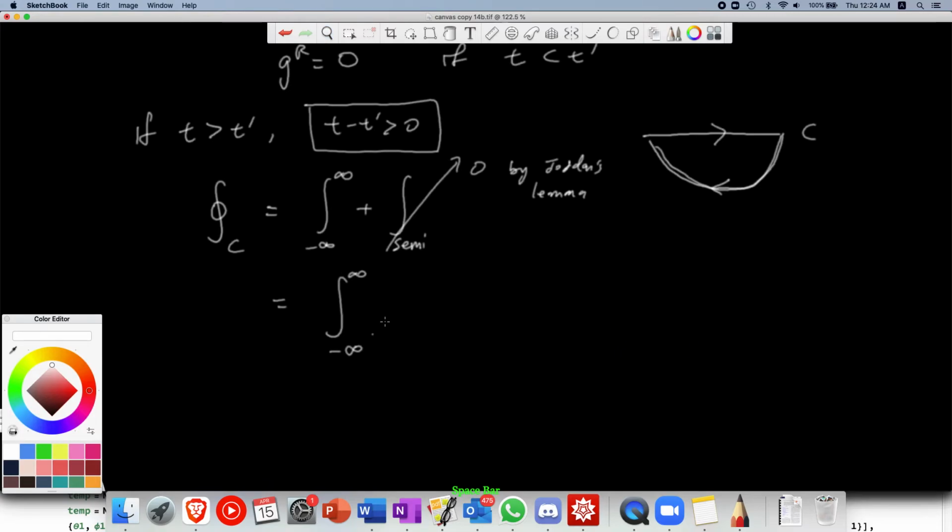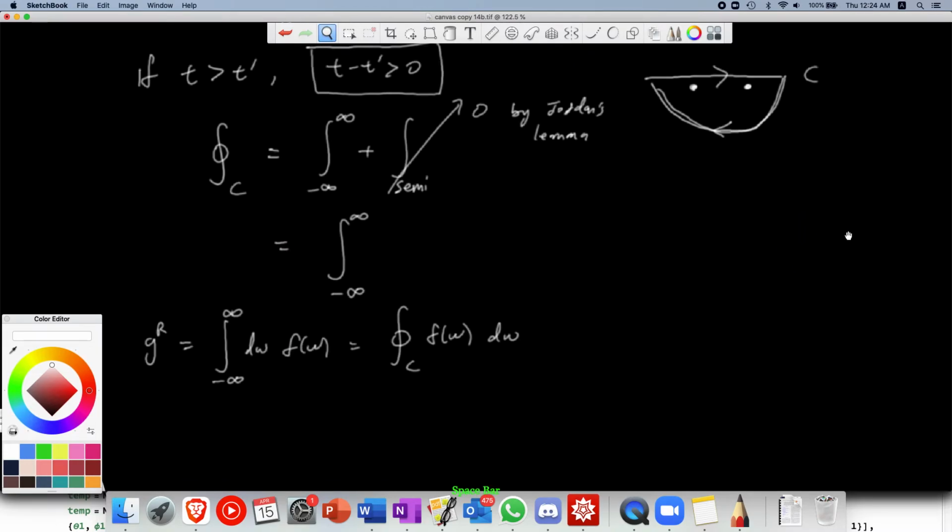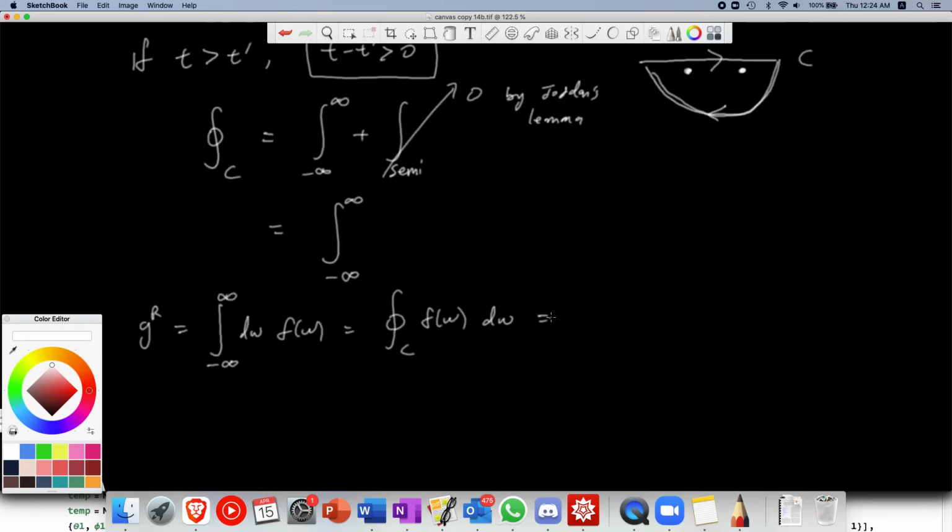So now what is our retarded propagator? It is simply the closed contour integral C of f of omega d omega. And now there are two poles that live within this contour, and because we are integrating in a clockwise direction, it is minus 2 pi i times the sum of residues inside C.